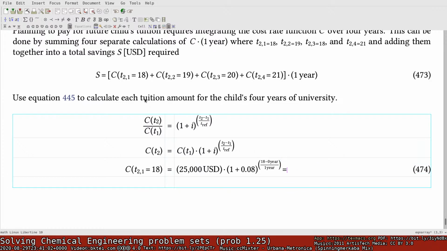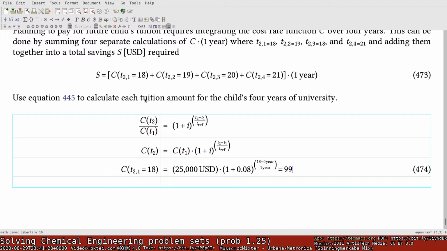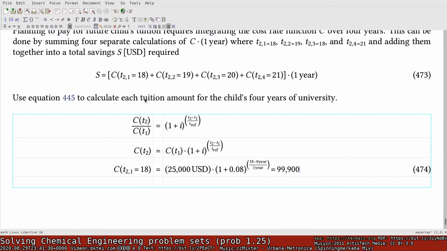I guess we can just do this in one go. 25,000 times 1.08 raised to the 18th power. Hmm. 99,900.